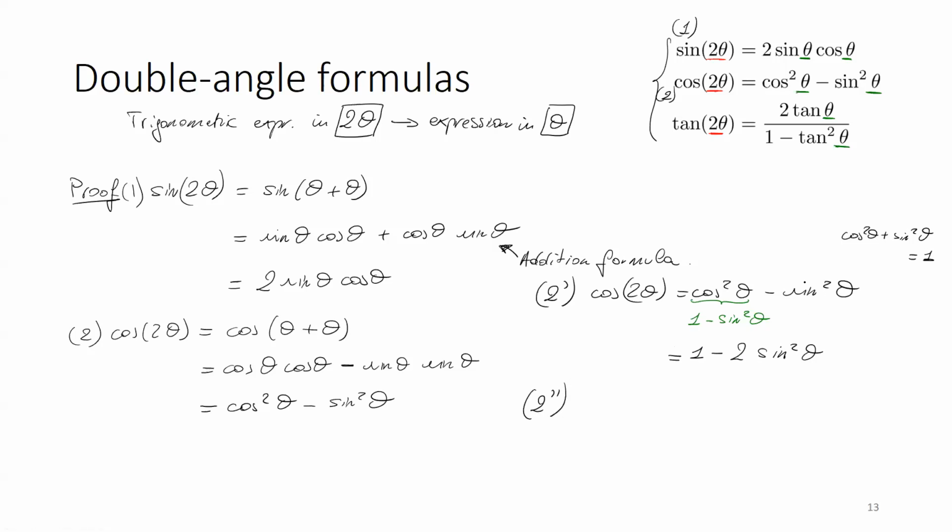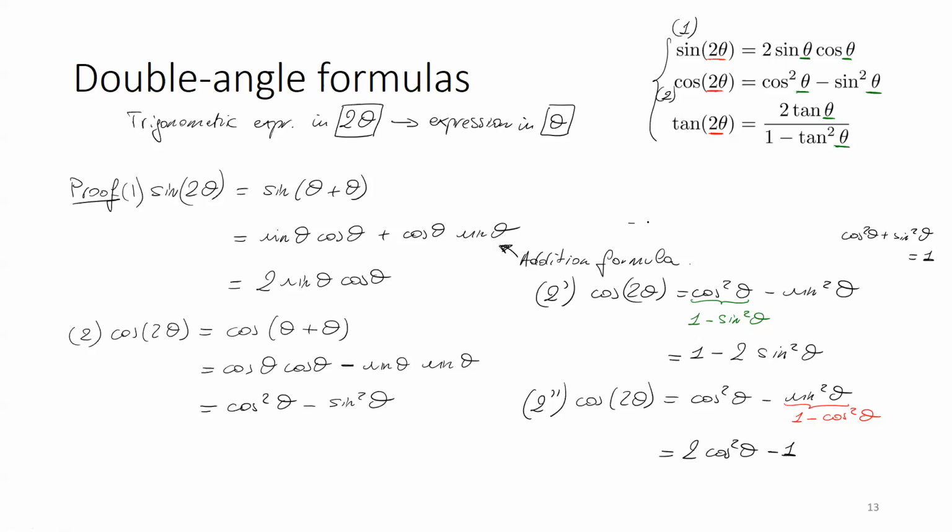And I can also do the opposite. I can focus on the sine squared. So here, let me write the formula again. Cosine 2 theta is cosine squared minus sine squared. And now I write sine squared as 1 minus cosine squared theta. And what that gives me is, now I have a cosine squared plus another cosine squared, so 2 cosine squared theta minus 1.